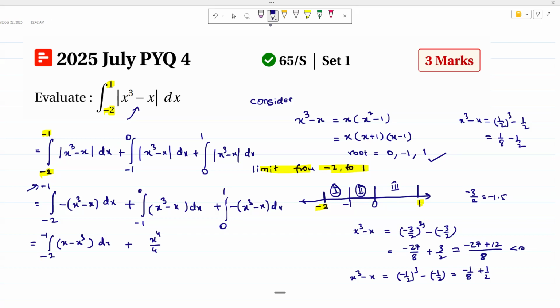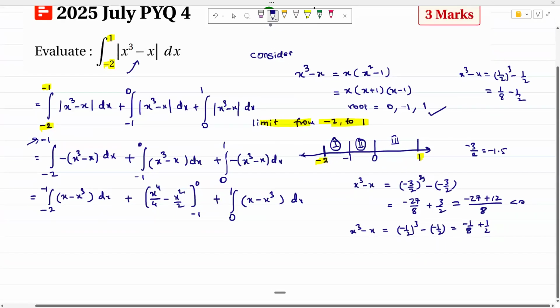So directly we can write the integral of x cube: x power 4 by 4 minus x square by 2, under the limits -1 to 0. And look at this one from 0 to 1. Multiply with minus first, x minus x cube dx. Integration gives x square by 2 minus x power 4 by 4 under the limits -2 to -1, plus the next.